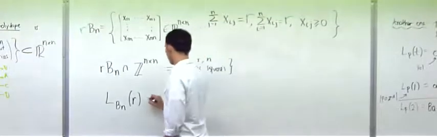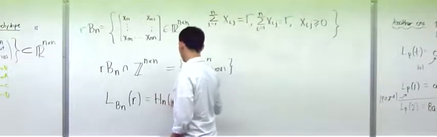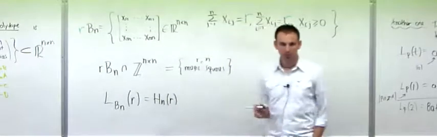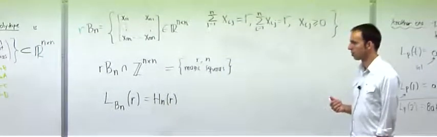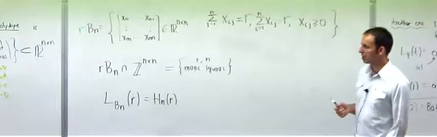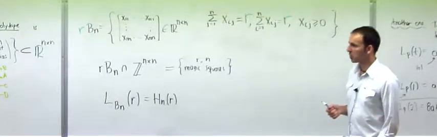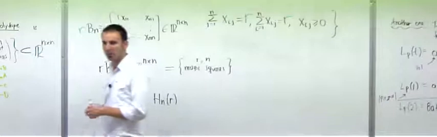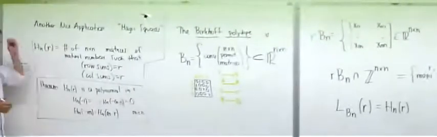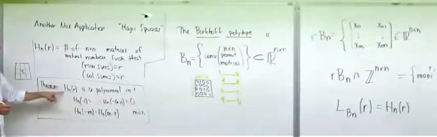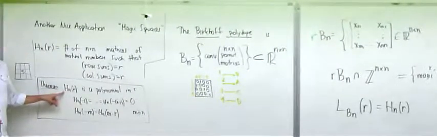So this is exactly Hn of R. So this is very pretty, and what's most interesting about it is that I think historically it was the other way around. People were studying this enumerative problem, but then if you think of the right polytope, this is an obvious statement when you know Ehrhart theory.